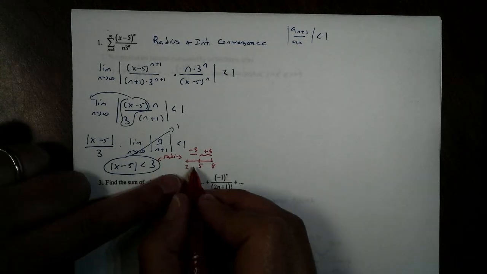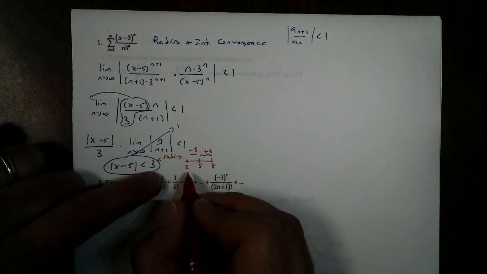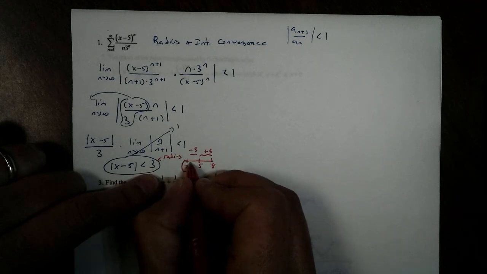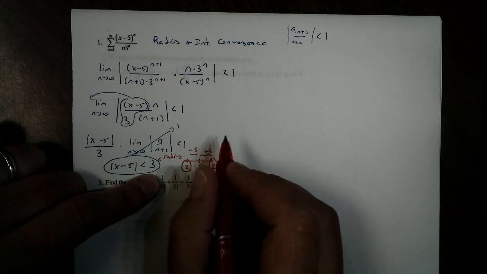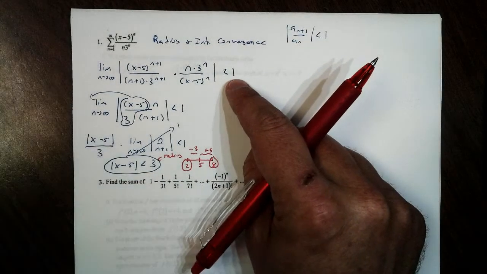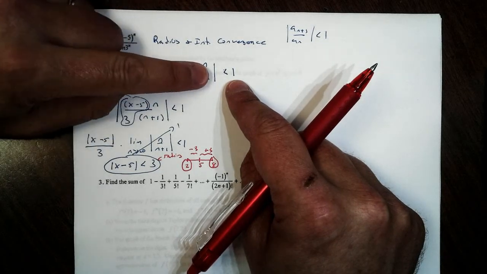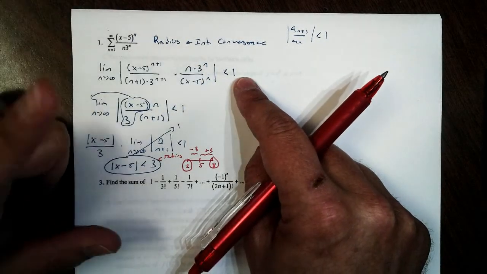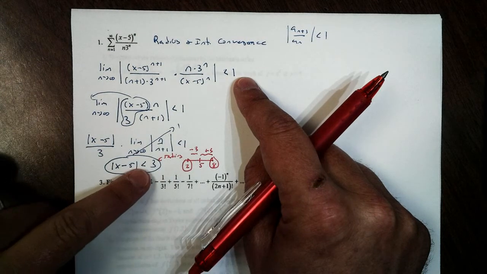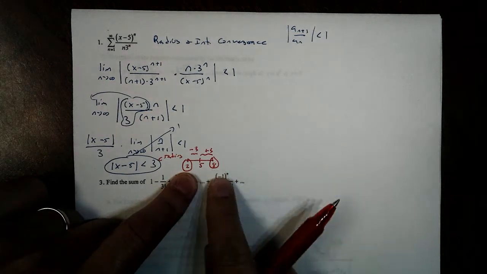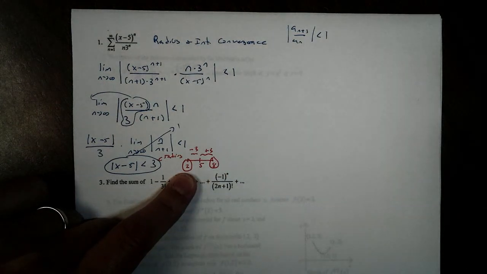But what we need to do is find out, well, what about these points right here? The ratio test says that we will converge if the ratio is less than 1, and what we're saying here is if my radius is less than 3, this will converge. But what about those endpoints? And that's what we have to check right now.